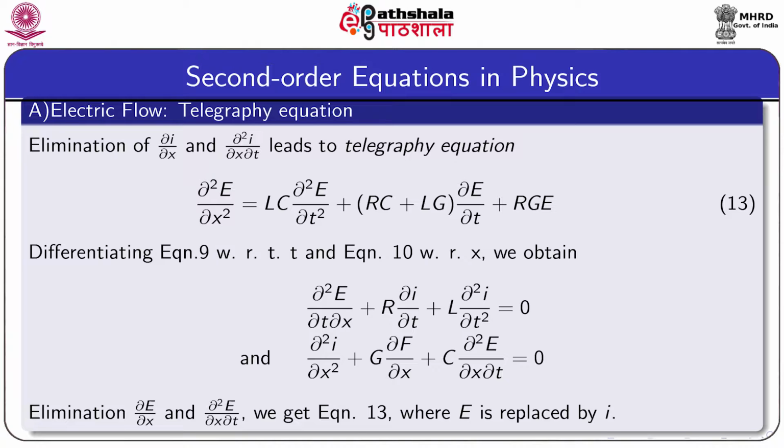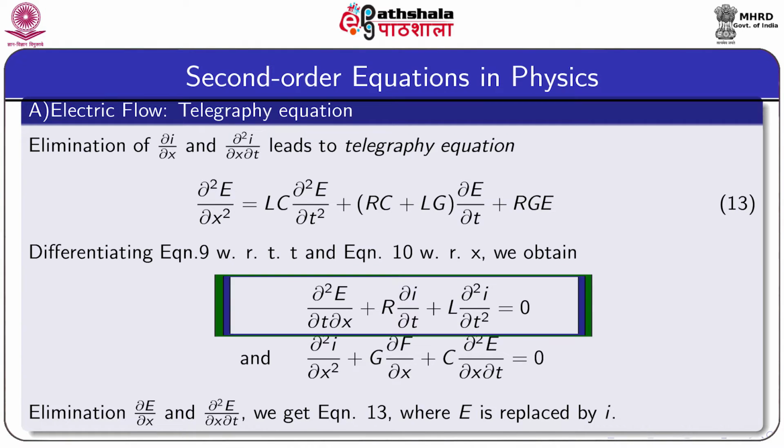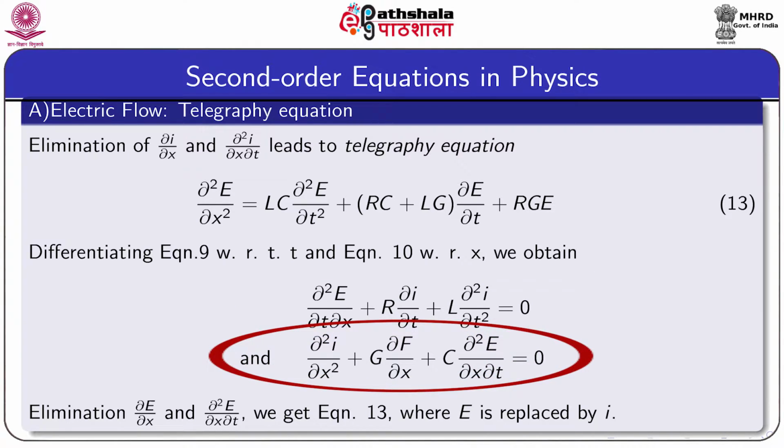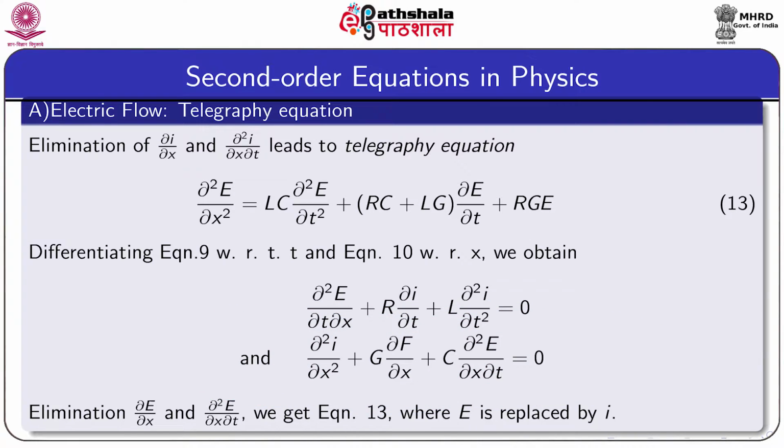Similarly, from the above equations 9 and 10, if we differentiate the first equation 9 with respect to t and equation 10 with respect to x, we obtain del 2E del t del x plus R del I del t plus L del 2I del t square equals 0, and del 2I del x square plus G del E del x plus C del 2E del x del t equals 0.